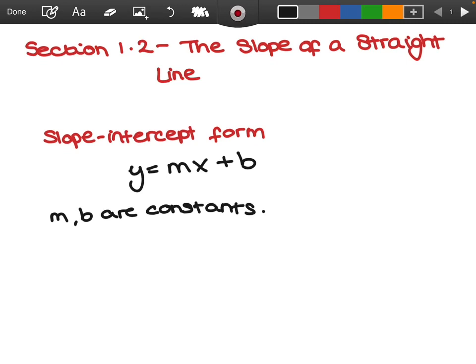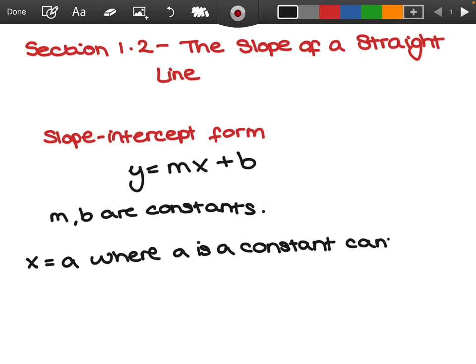But any line of the form x is equal to a, where a is a constant, cannot be written in this form. So any vertical line cannot be written in that form.